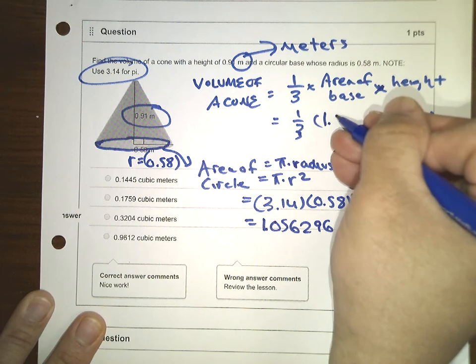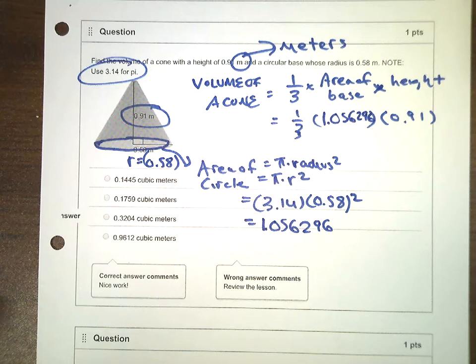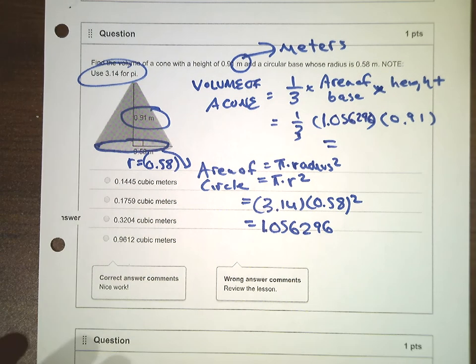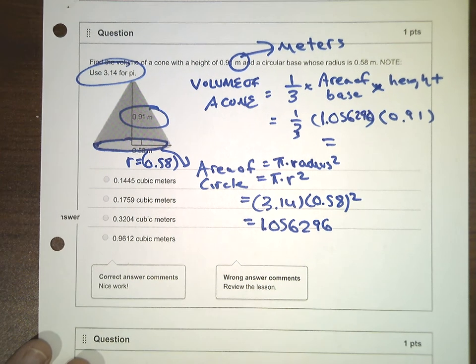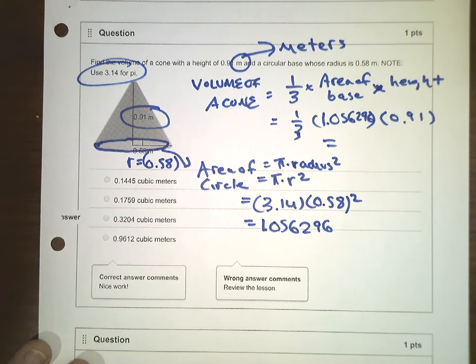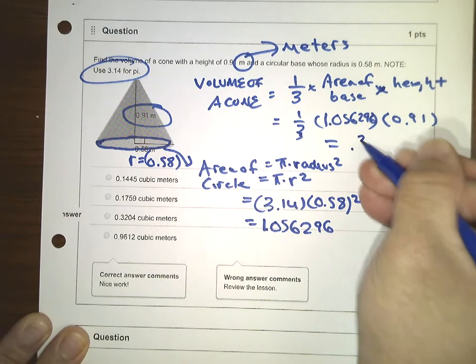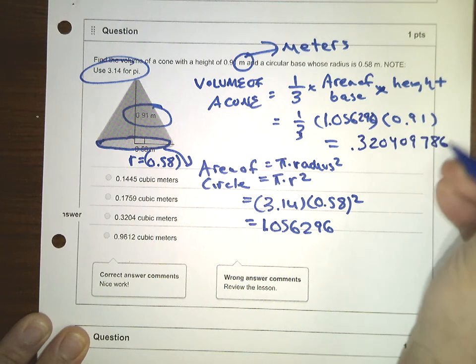All right, so 1.056296. And then I will multiply these three numbers together here. So 1/3 times 1.056296 times the 0.91, and that will give me 0.3204097867.